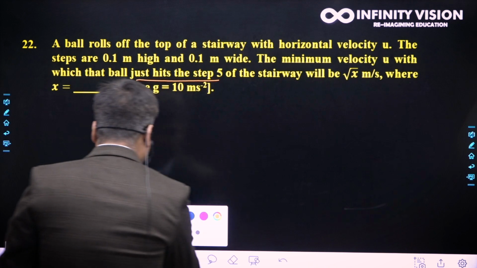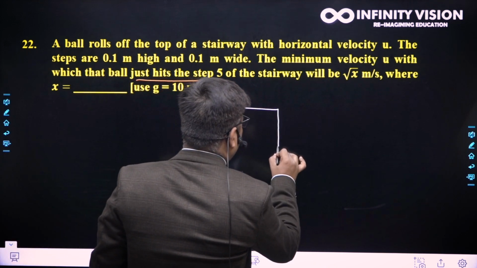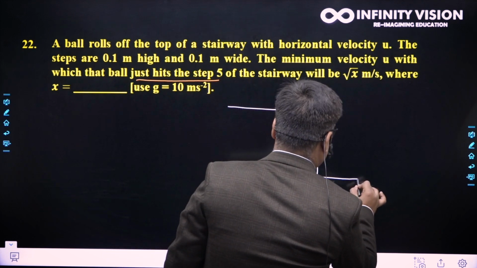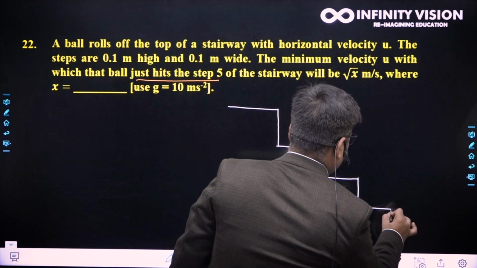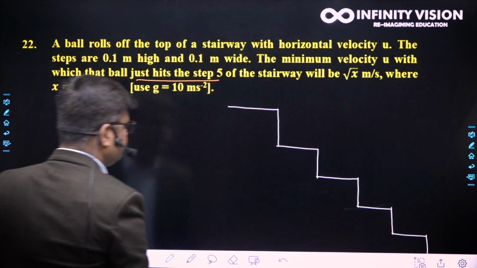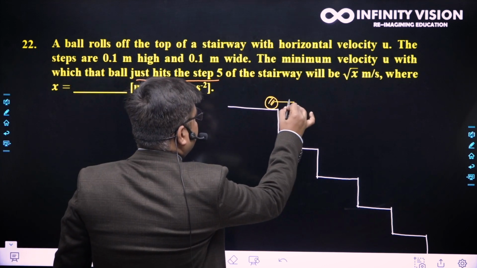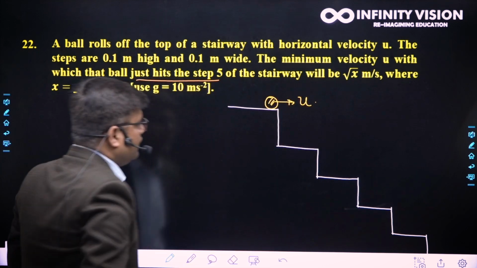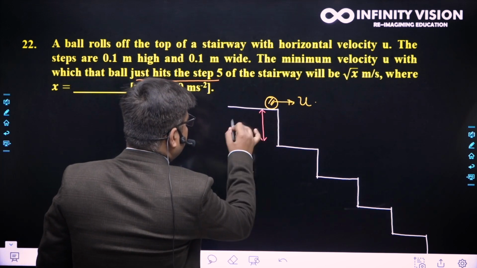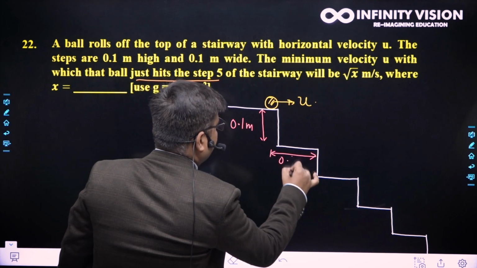Now, in this question, we have to draw a diagram. Suppose there is a ball which is moving with velocity u, and this is the dimension of the stair that they have mentioned in the question: 0.1 meter its height, and 0.1 meter its width.